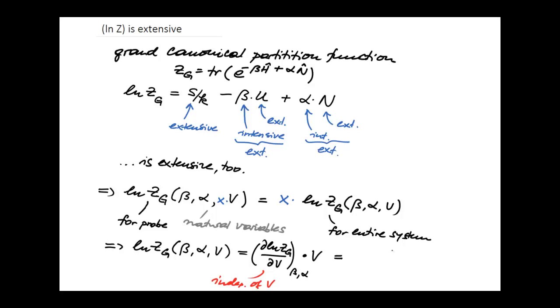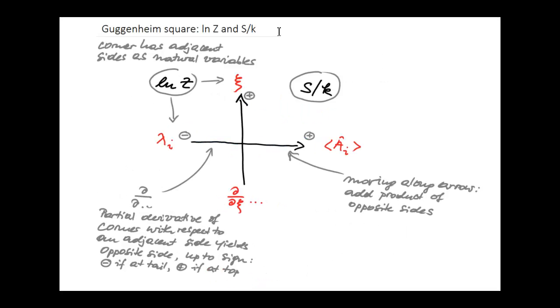What is this partial derivative? It's the partial derivative of the log of the partition function with respect to the external control parameter v. We know from our general framework that v is an instance of this control parameter psi. So v is on the top side of the square in the place of the psi.